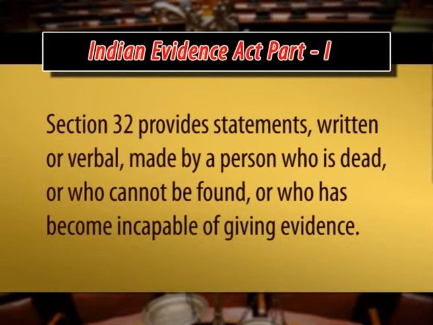Section 32 provides statements, written or verbal, made by a person who is dead or who cannot be found, or who has become incapable of giving evidence, or whose attendance cannot be procured without an amount of delay or expense which, under the circumstances of the case, appears to the court unreasonable, are themselves relevant facts in the following cases.